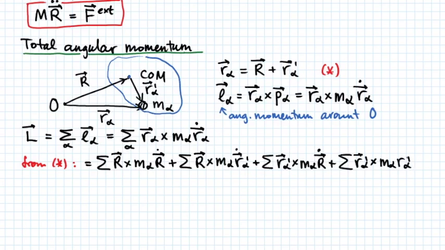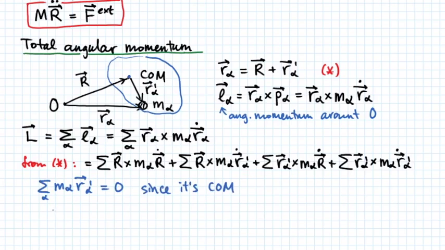r alpha prime dot. First of all, note that this sum here of m alpha r alpha prime is actually equal to 0, since this is the definition of the center of mass.